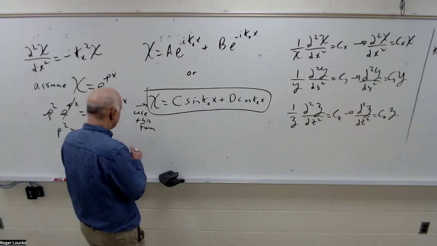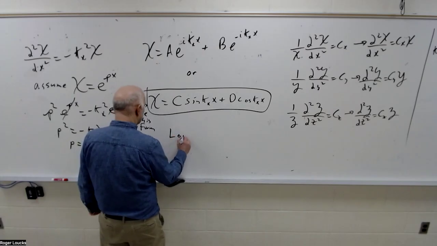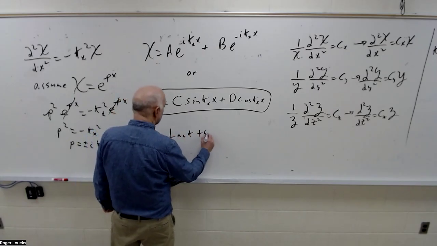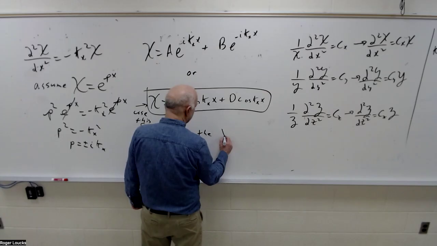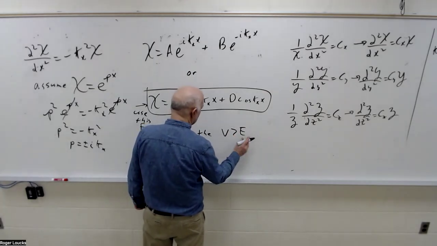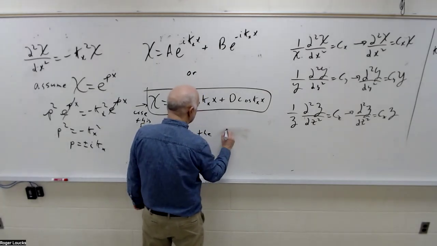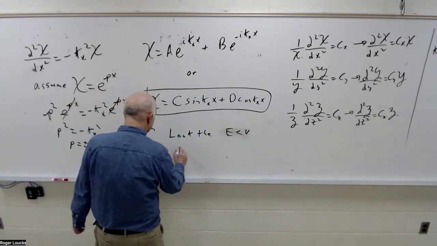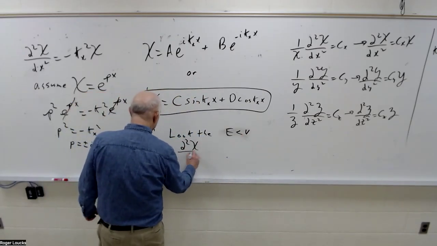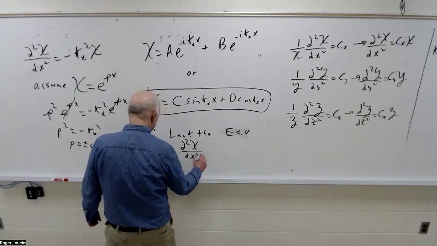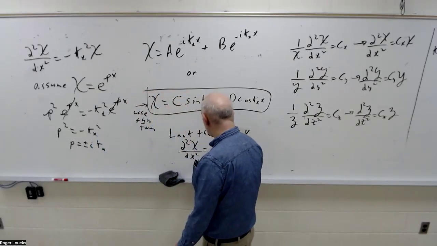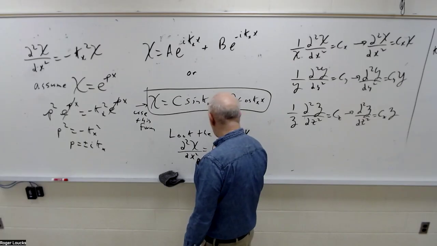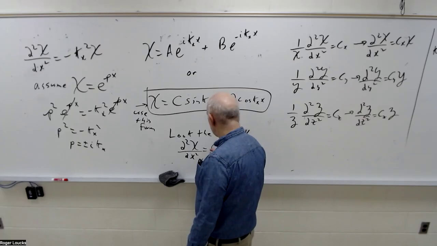Now let's look at the other case of our chi, the V greater than E range. Let's keep it the same. That gave us this. We have the exact same equation, but we had this beta squared, so we'd have some new constant.